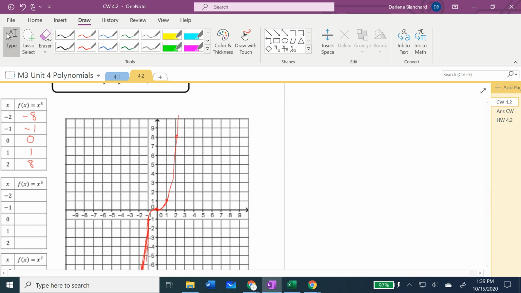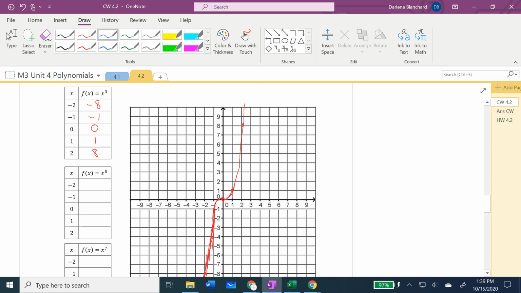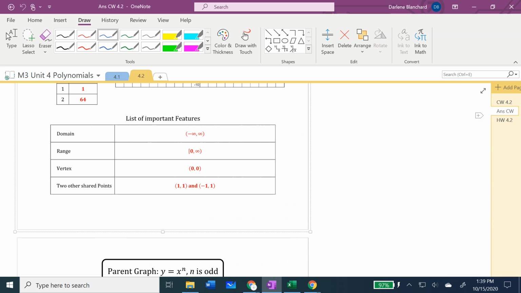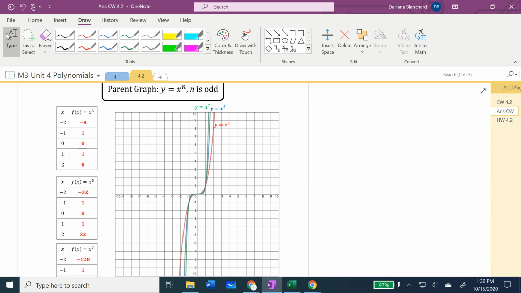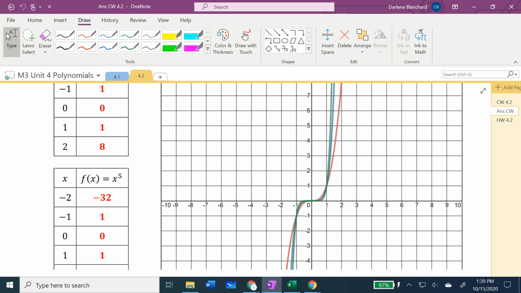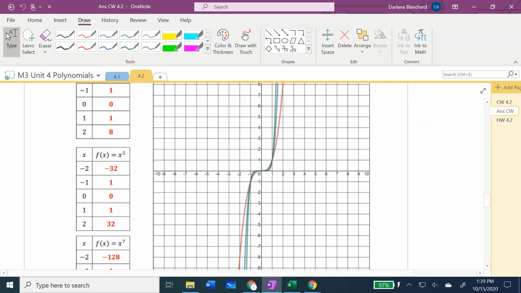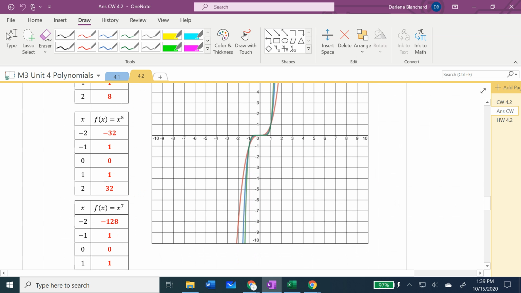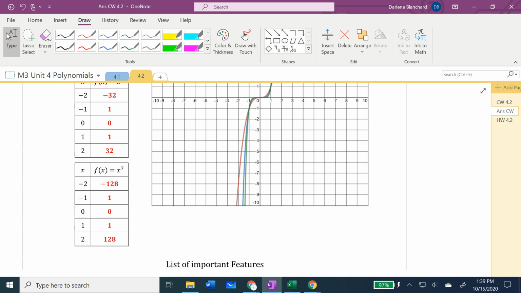And I can look at what these numbers are, and I'm going to have to show you the answers a little bit faster than I would like to. When I have x to the 5th with 2 and negative 2, it's very big, but x to the 7th is crazy.